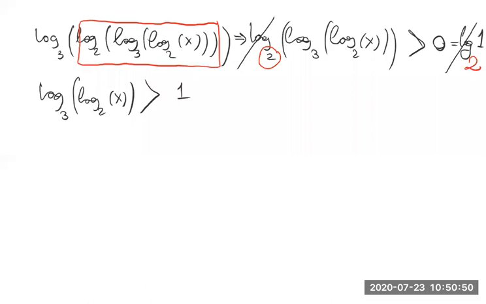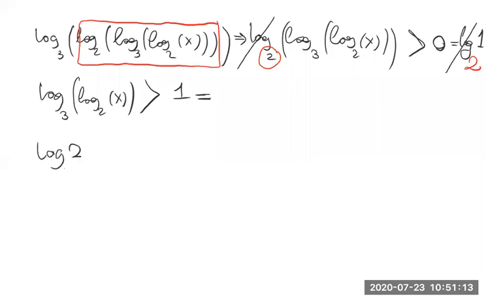But there is another way of writing 1. Can anyone tell me what is the better way of writing 1 here in this inequality? Yeah, that is true. Log of any number in its own base is 1.